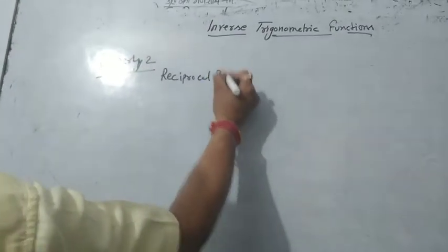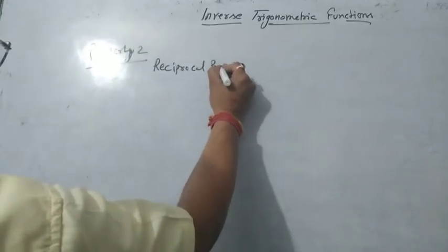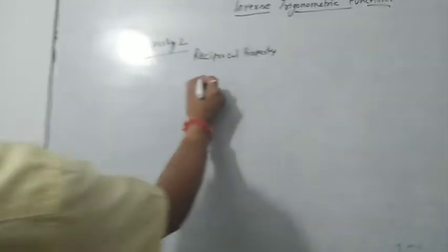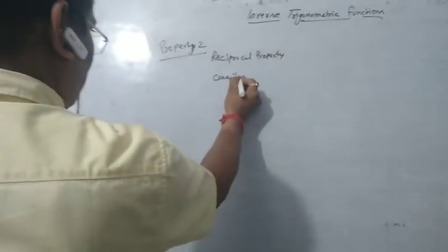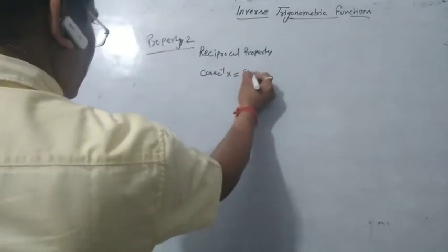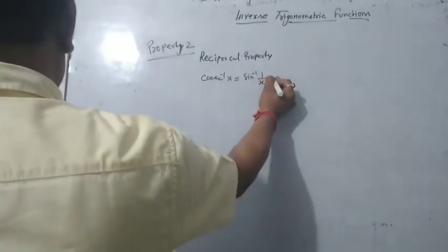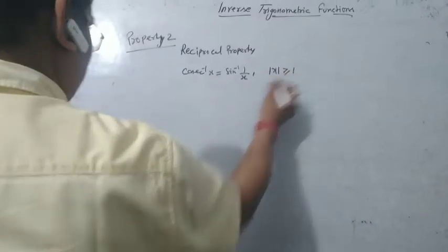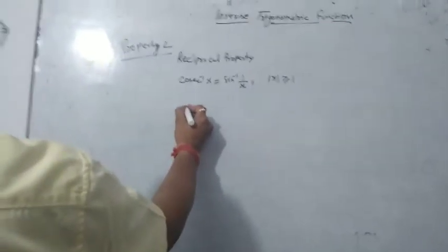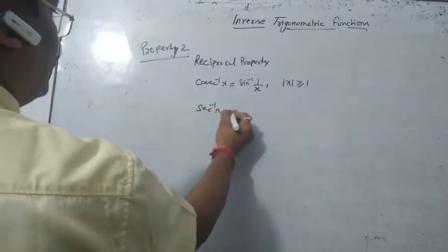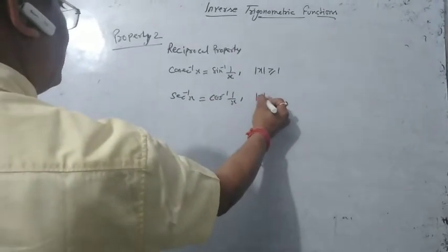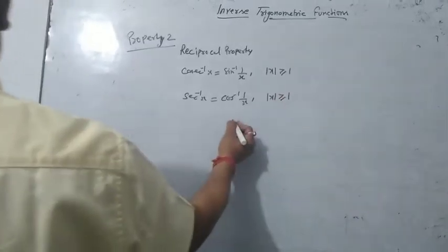Property number 2, reciprocal property. Reciprocal property means cosec inverse x is equal to sine inverse 1 upon x, where mod of x is always greater than or equal to 1. Similarly, sec inverse x is cos inverse 1 upon x, where mod of x is always greater than or equal to 1.